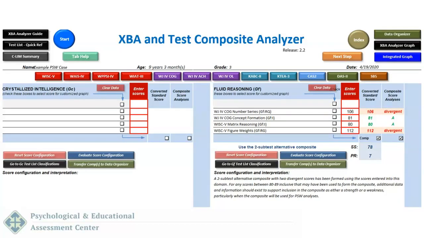Again, the type of score configuration that is ultimately used depends on the professional judgment of the examiner, which should be supported by additional data such as analysis of task characteristics, analysis of the processing demands that might affect a student's performance on a particular subtest, and other clinical observations. This decision-making process should be detailed in the psychoeducational report.